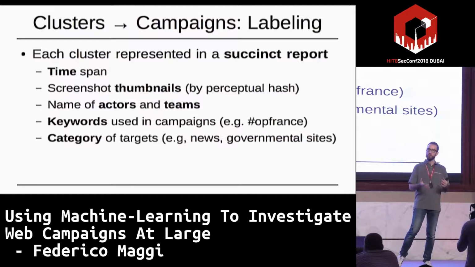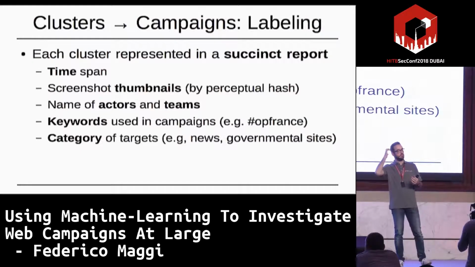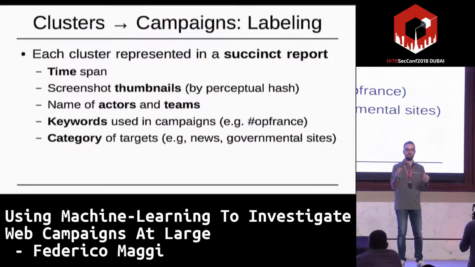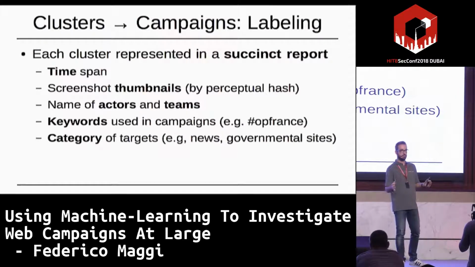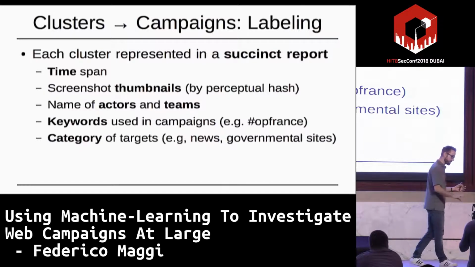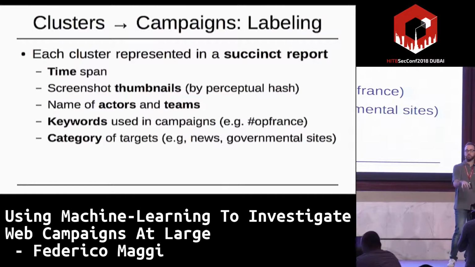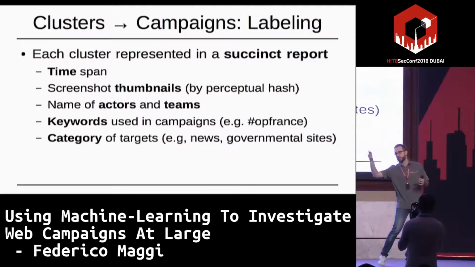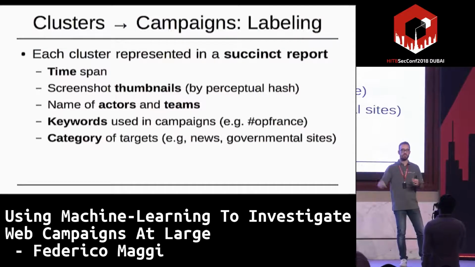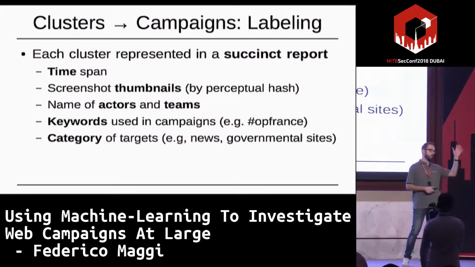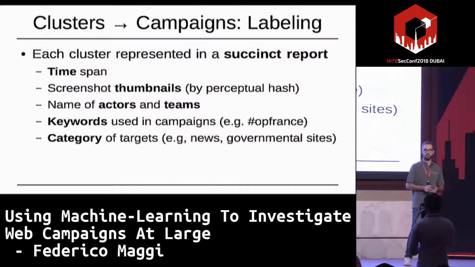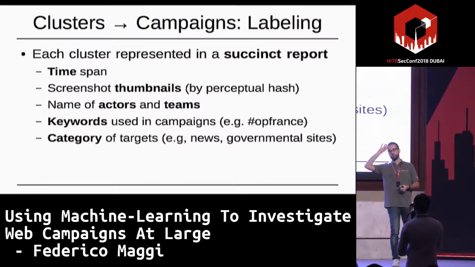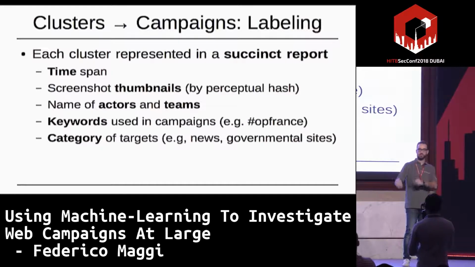With clustering, it's easier to solve if you find a way to represent your data in a compact way. All right? So you could give a meaningful name to each cluster. You can say, oh, that's the cluster of Hope France. That's the cluster of, I don't know, the campaign for Michael Jackson. That's the cluster to protest against, I don't know what.